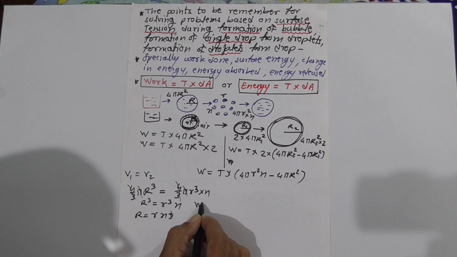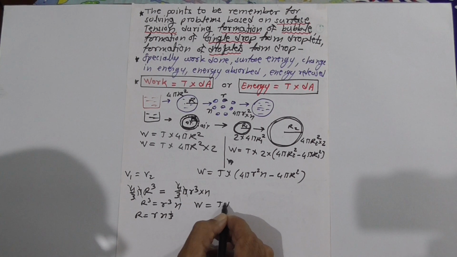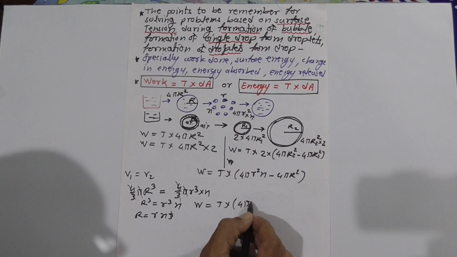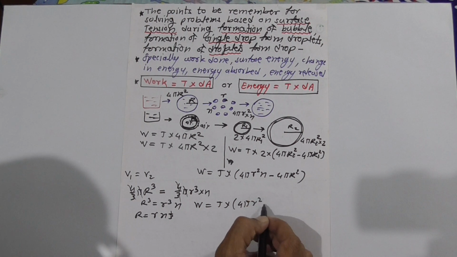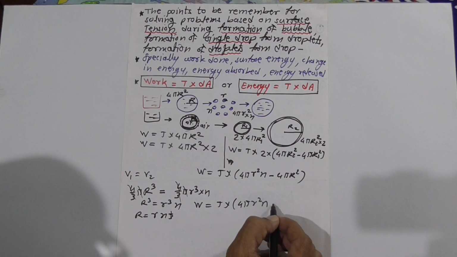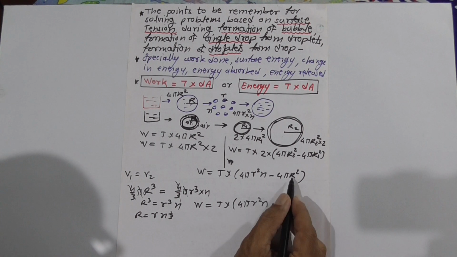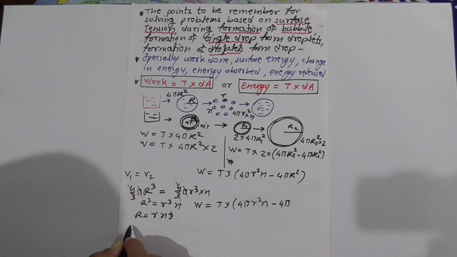W is equal to T into 4 pi small r square into n, as it is, minus 4 pi capital R square. Now capital R square is equal to small r square into n raised to 2 by 3.